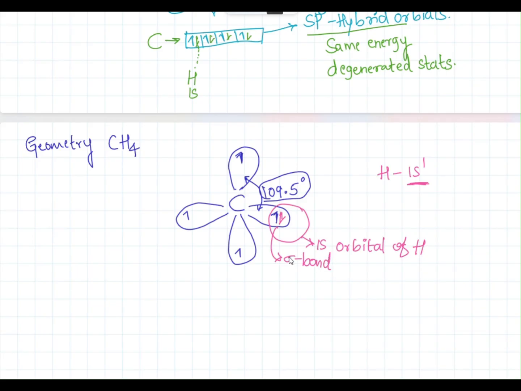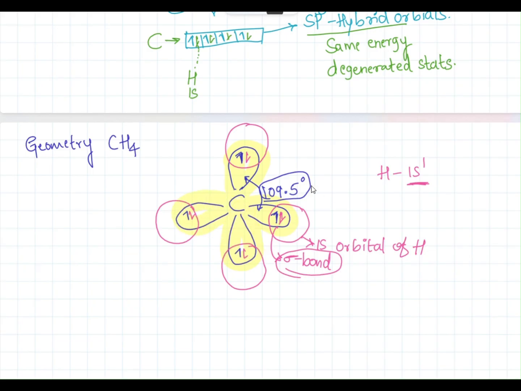The hybridized orbitals will form sigma bonds, right? And there are 4 hydrogen atoms. Each hydrogen atom will form a sigma bond with the 4 sp3 hybridized orbitals to form methane.